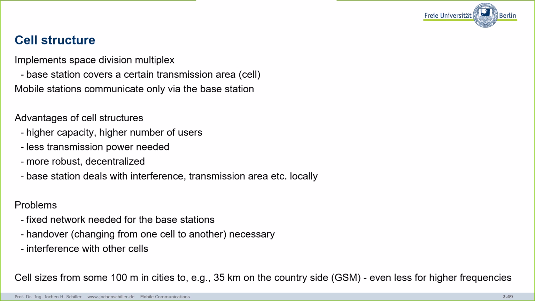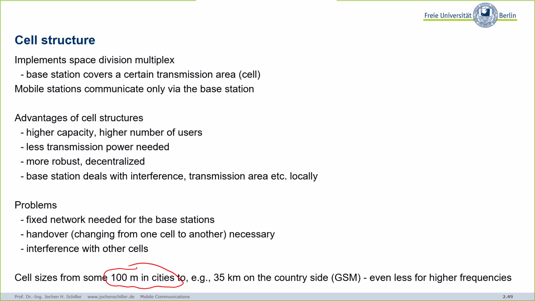We have the base stations, we have certain coverage, we have certain cell sizes, and I will come back to cell sizes when I discuss different technologies. So in cities, sometimes we have only a few hundred meters. On the countryside, it could be up to 35 kilometers with a standard GSM.